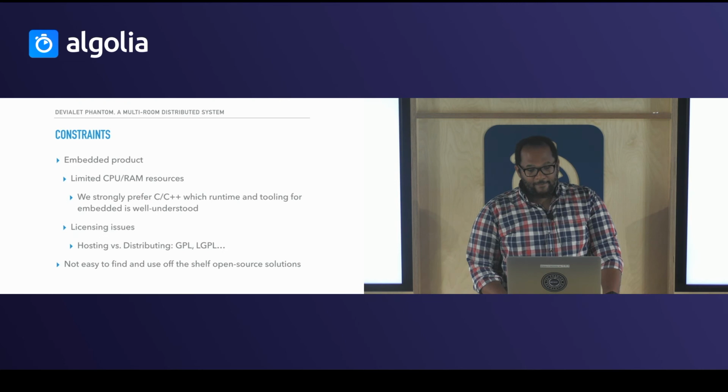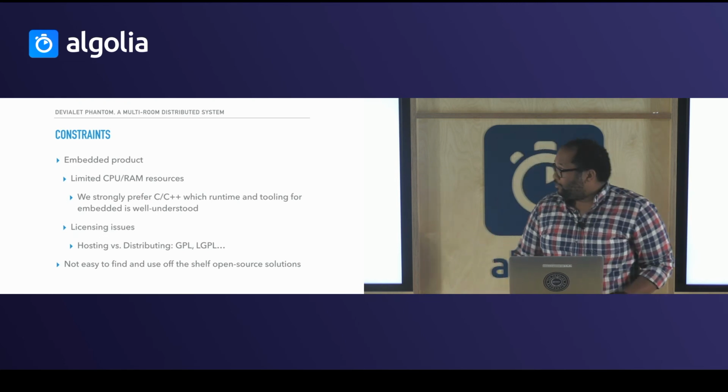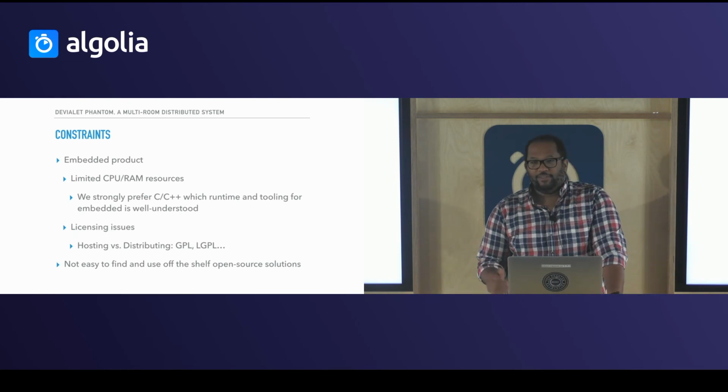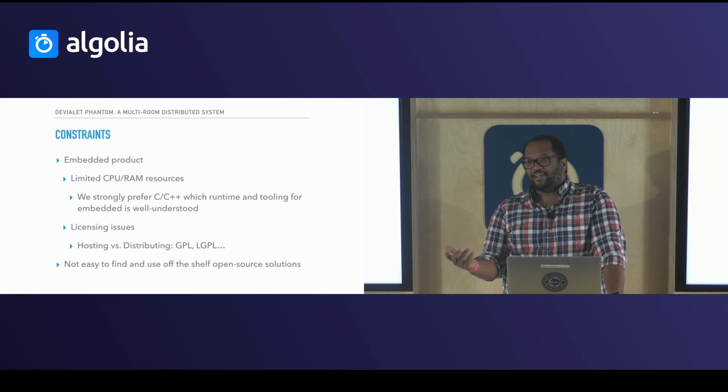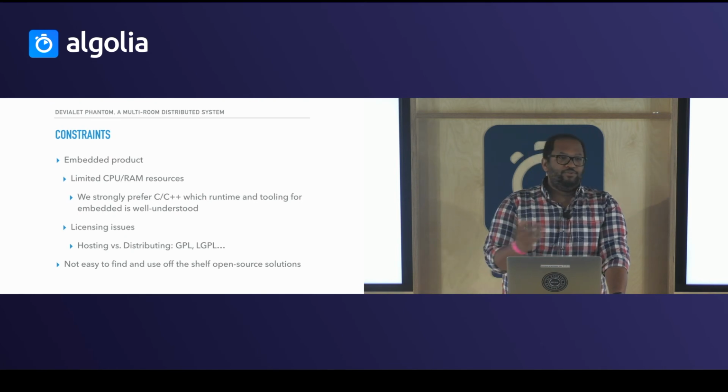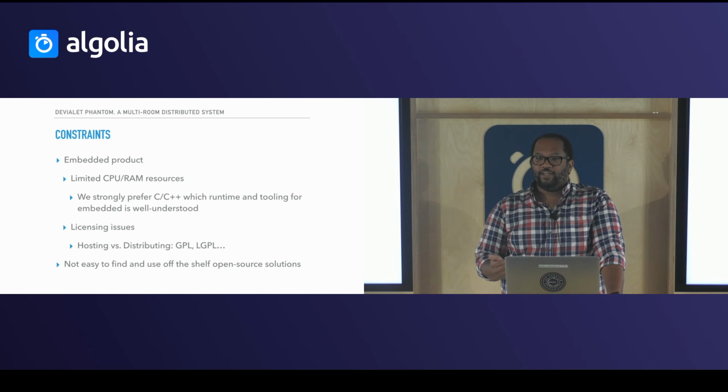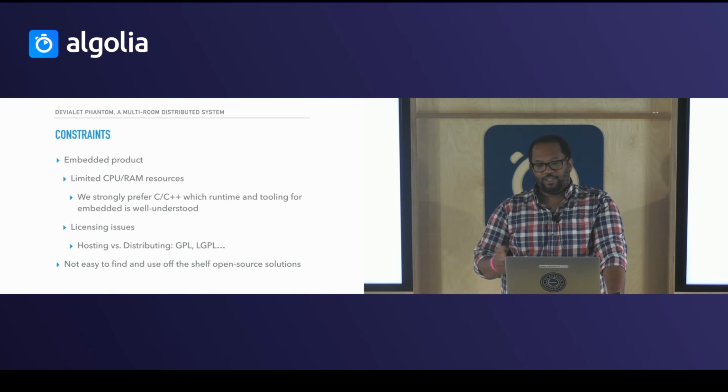And we also had to deal with different constraints. It's an embedded product, so you may ask, why didn't you use whatever tool is available? We have constraints, we can guarantee topology, we can do a bunch of things, but we also have very limited resources in terms of CPU and RAM.